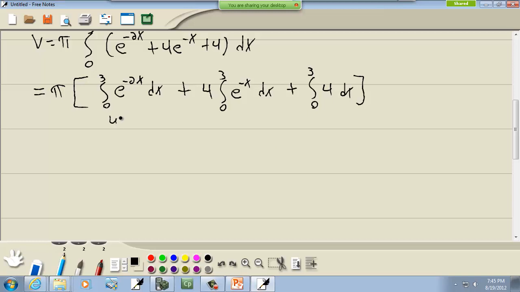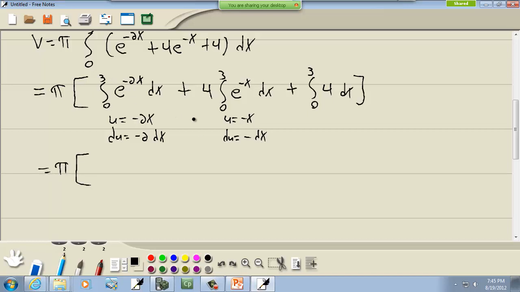Now this one, we let u equal the exponent, negative 2x. du would be negative 2 dx. This one, our u would equal negative x, so du would equal negative dx.